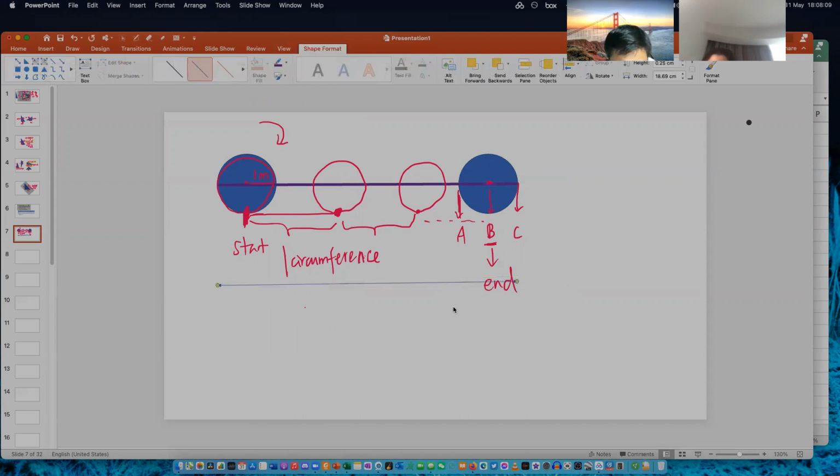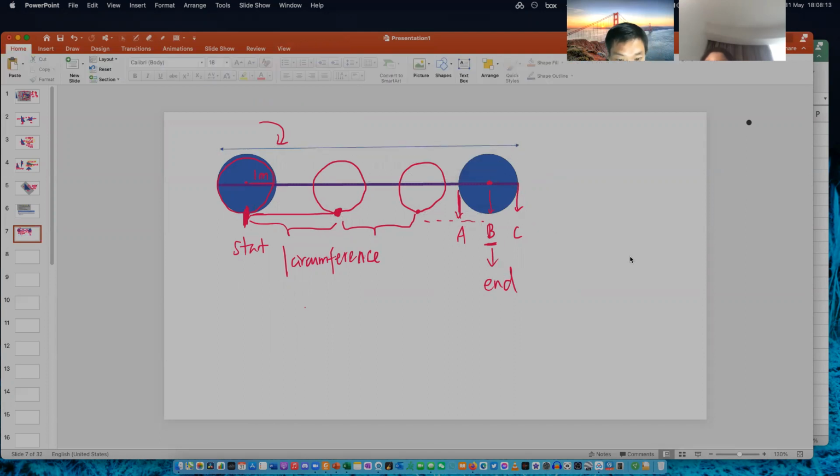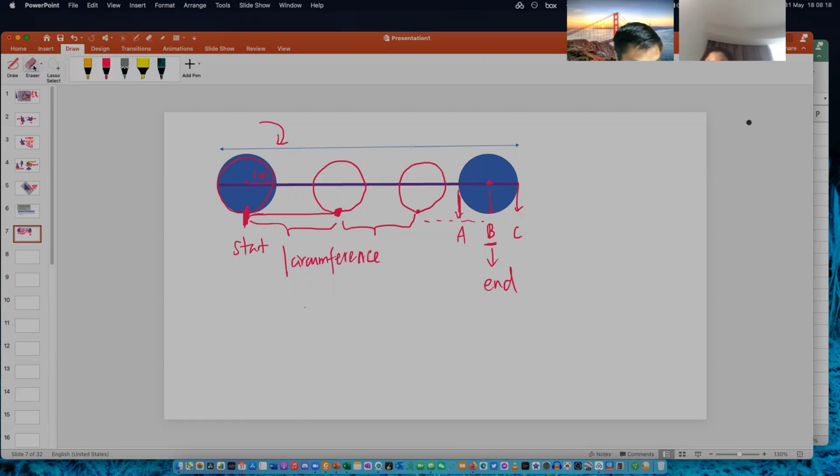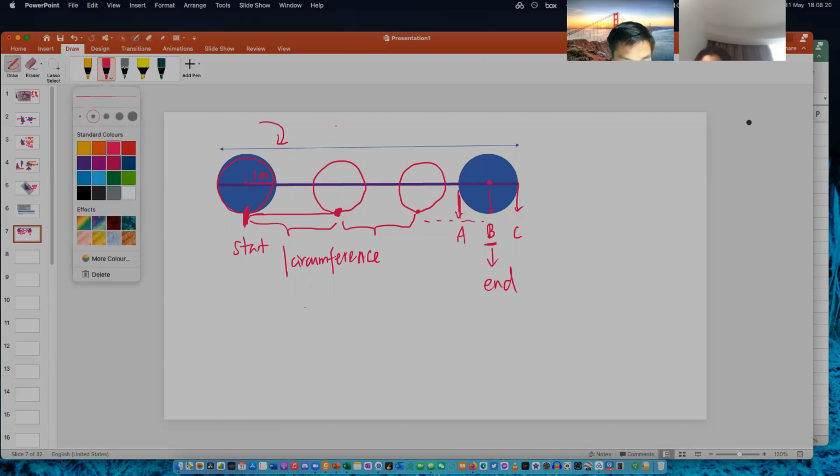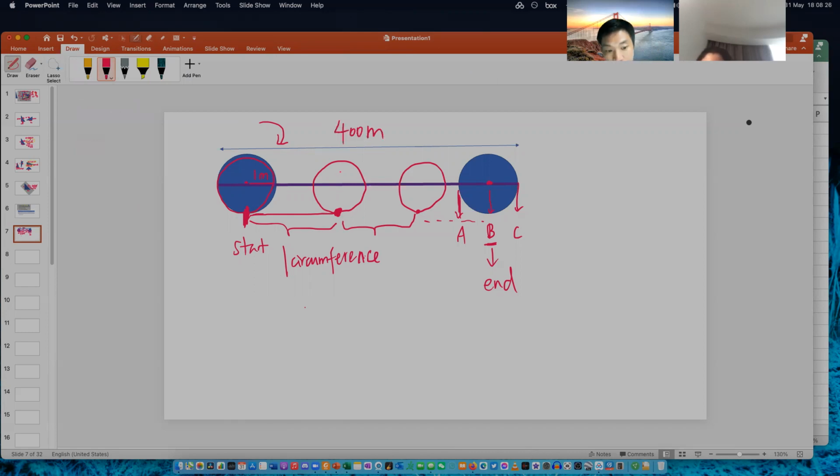Let's say the end to end distance can be 400 meter. End to end means the A to B is 400 meter.